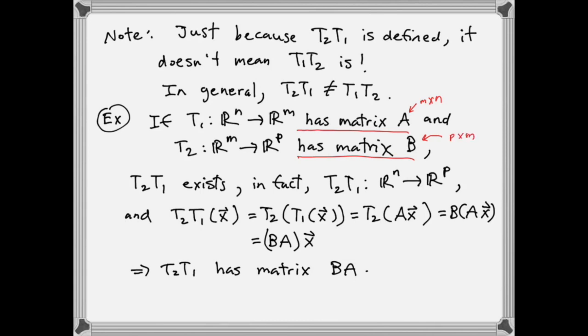And so when you multiply B times A together, look at the dimensions, it would be a p by n matrix, which makes sense, right? Because it's going from Rn to Rp. Okay, so this makes sense.